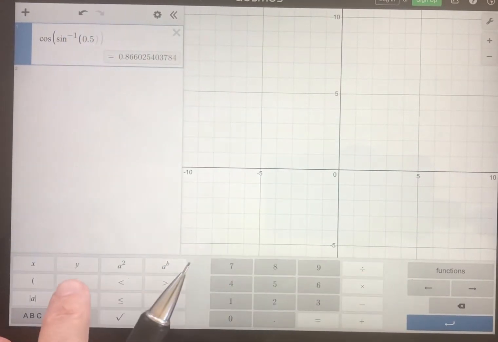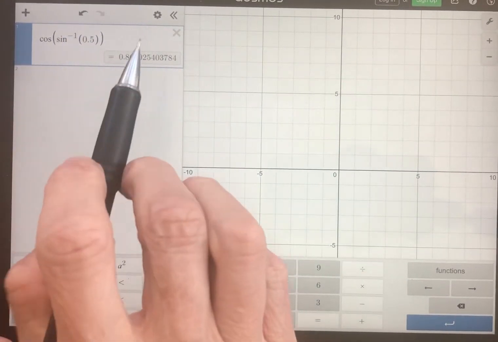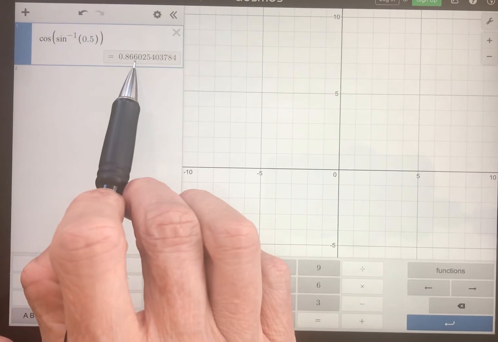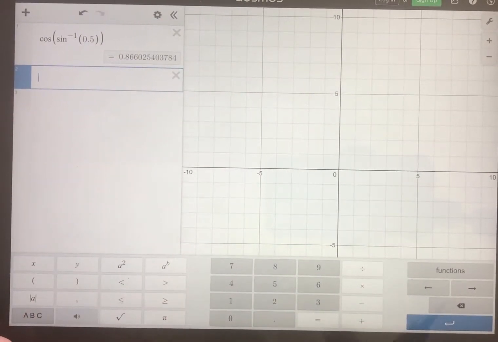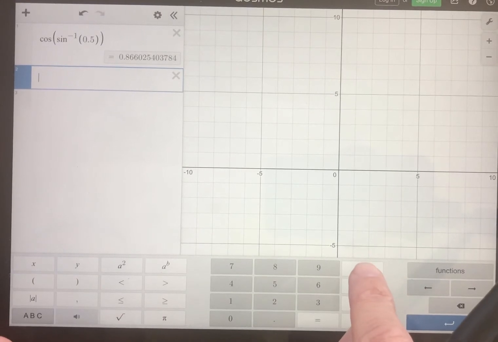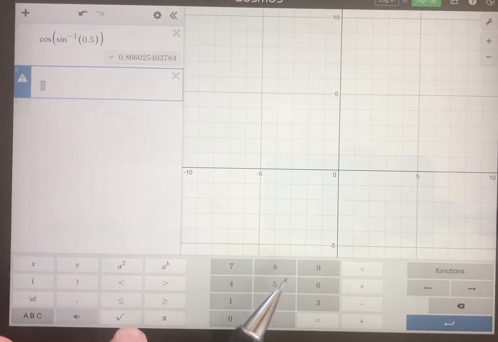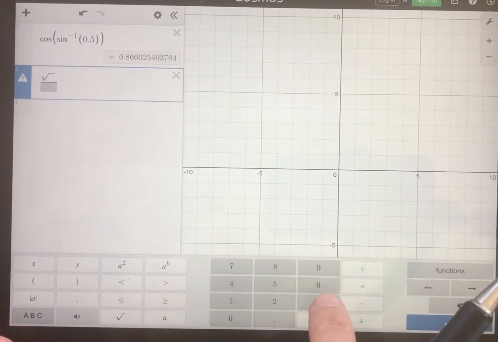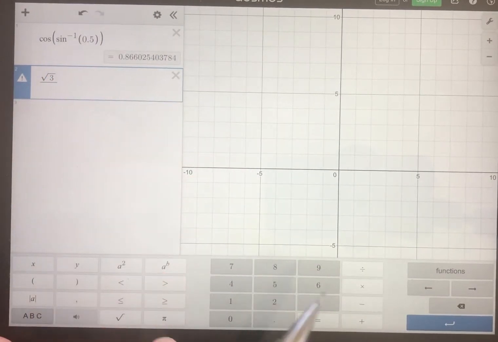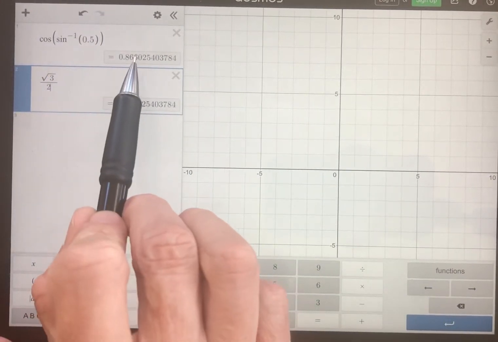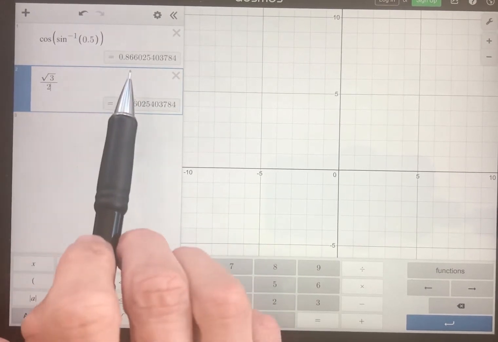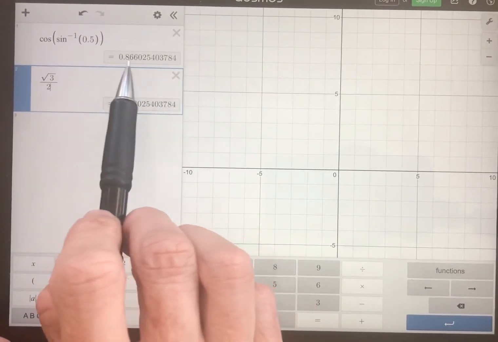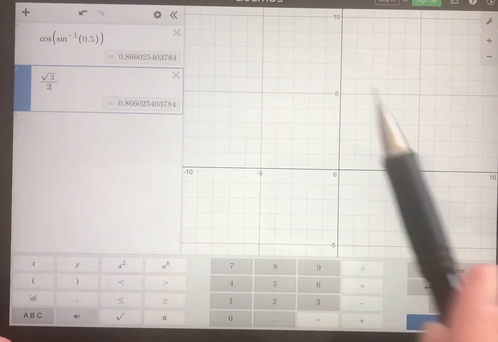I close the parentheses, and I come up with an answer of 0.866, etc. That's the left side. Is that the same as root 3 over 2? I create a fraction bar, put the square root of 3 in the numerator and the number 2 in the denominator, and you can see those are identical. Those are approximations out to like the trillionth place. So we're good. We got the correct answer.